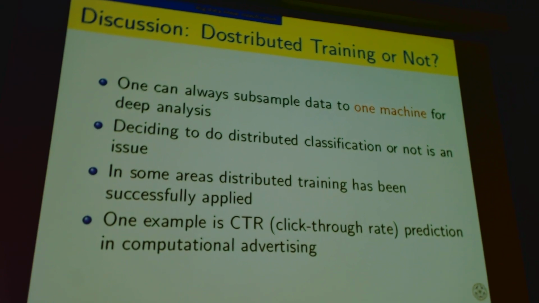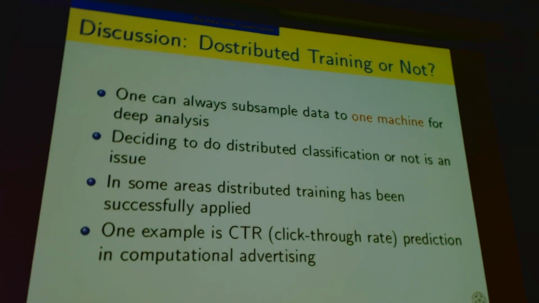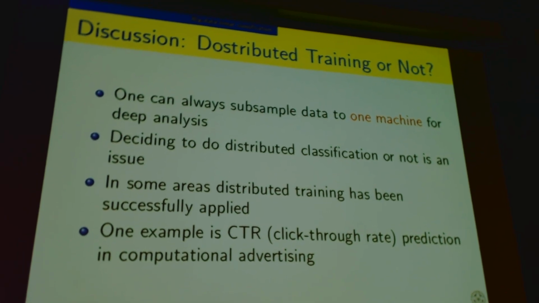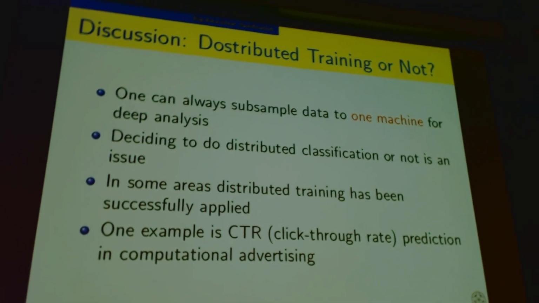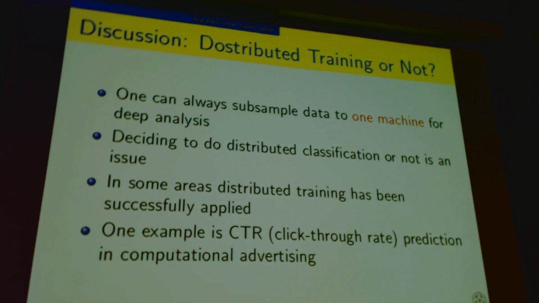Another issue I want to mention is that deciding whether we should do distributed training or not is already a difficult issue. Because in linear classification or any other classification problem, you can always subsample data to one machine for deep analysis, right? Because on one machine you can apply more advanced methods.